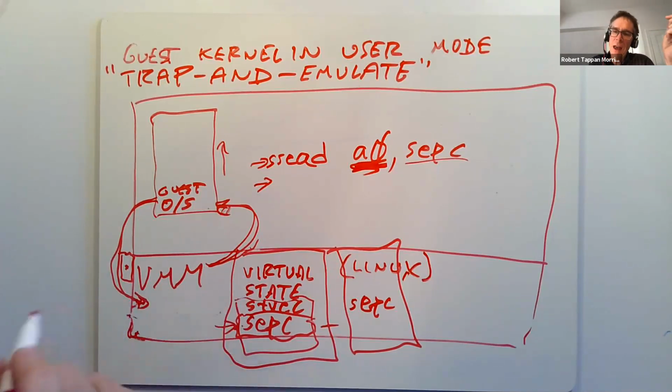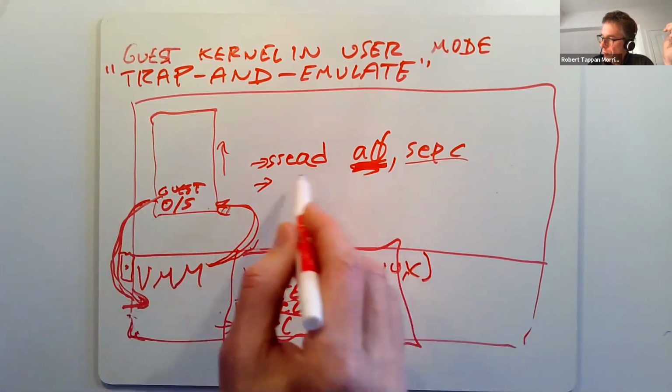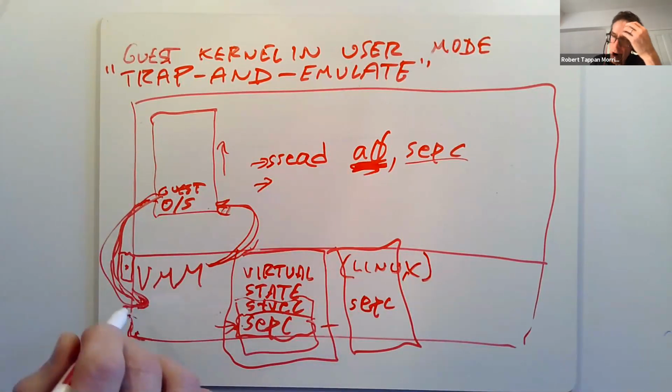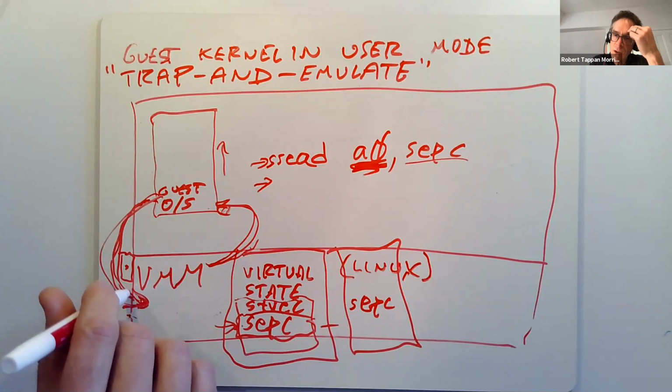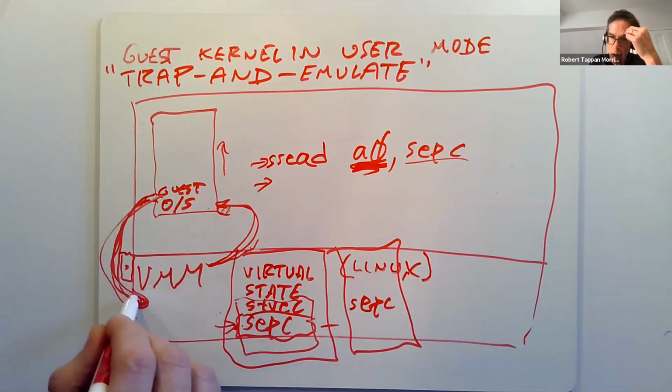So for example, think about SCAUSE. When the guest operating system tries to do anything privileged, a trap will occur, and the hardware sets the real hardware SCAUSE register to the cause of the trap, right? Which is illegal instruction or unprivileged instruction, whatever it is.